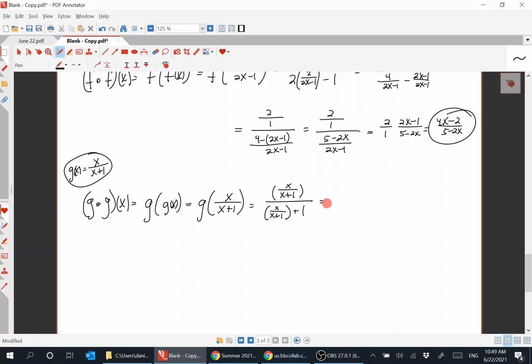All right, so this becomes x over x plus 1 over x over x plus 1 plus x plus 1 over x plus 1. So that's 2x plus 1 over x plus 1. So then actually these guys cancel and you get x over 2x plus 1. Did a little shortcut there. That's okay. If you don't like the shortcut, you could always just go the long way around.